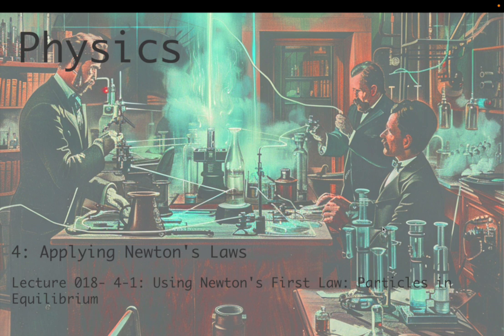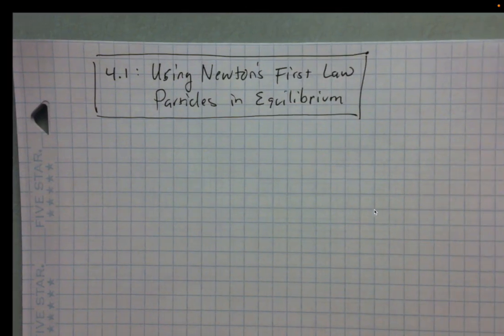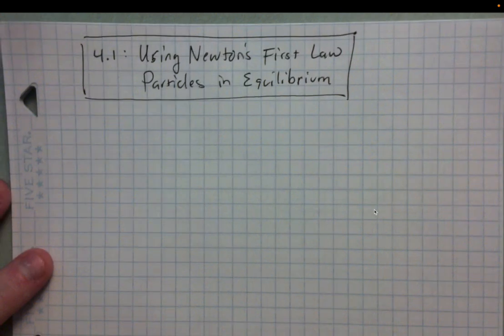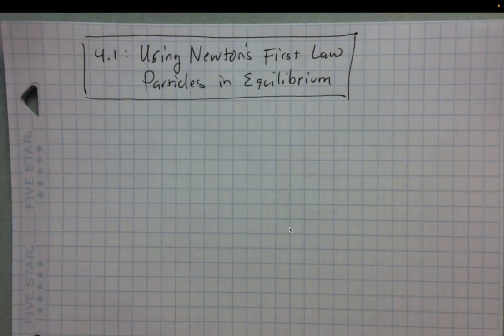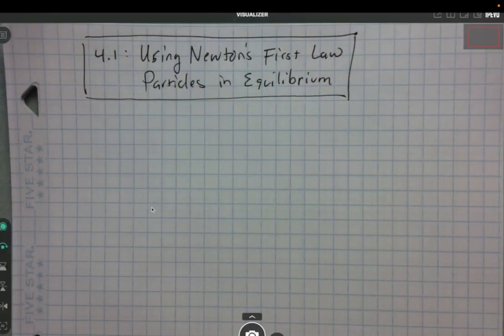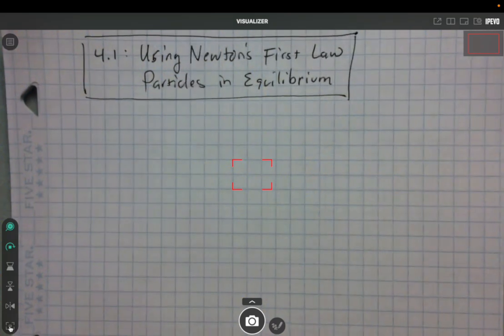And so in this first section, we're going to zoom in on Newton's first law and study problem types where we're dealing with particles that are in equilibrium. So let's go ahead and jump into it. We'll call this section 4.1, using Newton's first law, particles in equilibrium.